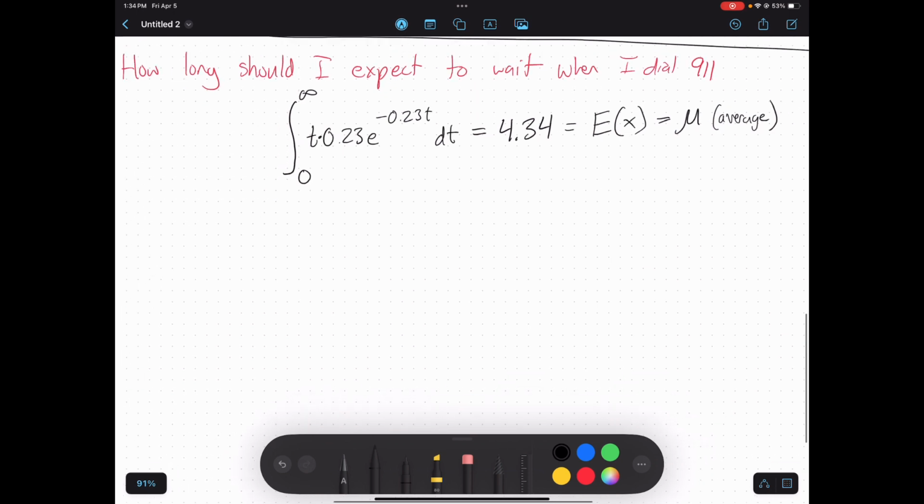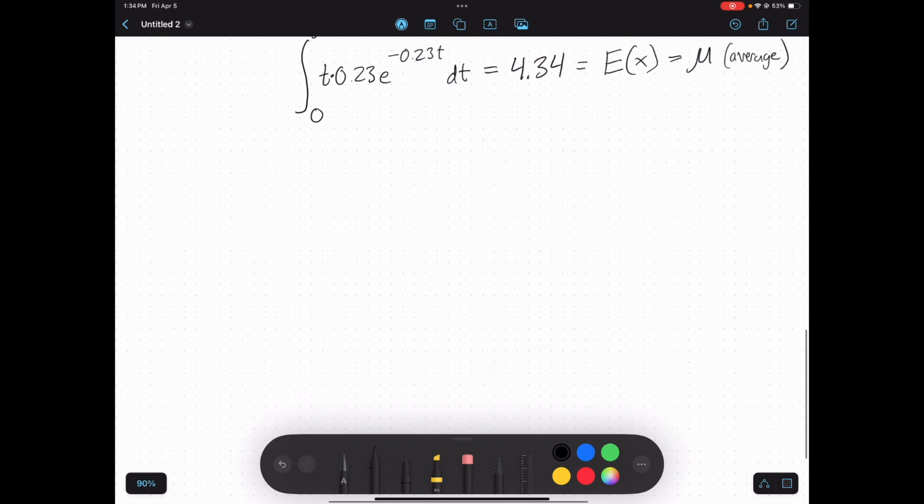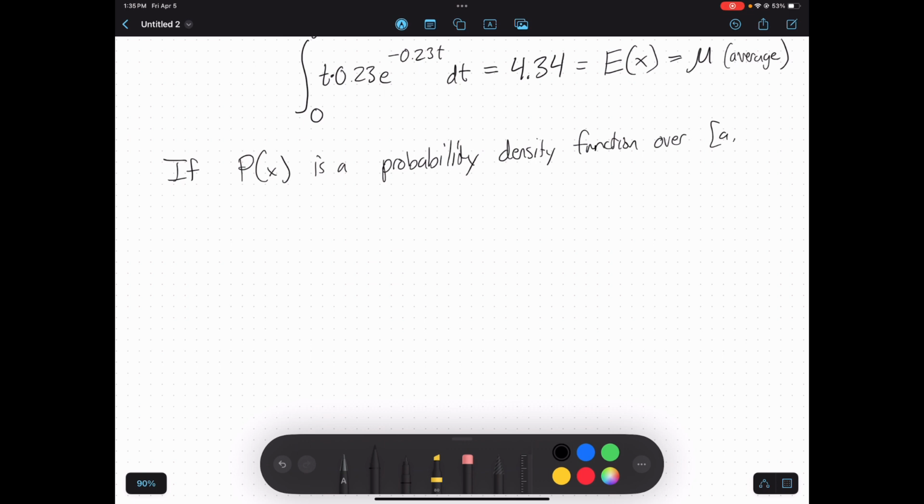So let's generalize this. If you're working with any probability density function, if p of x is a probability density function over the interval a to b, so that's the interval that it's defined over.